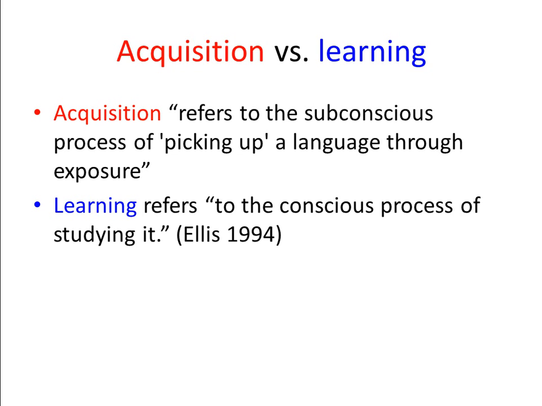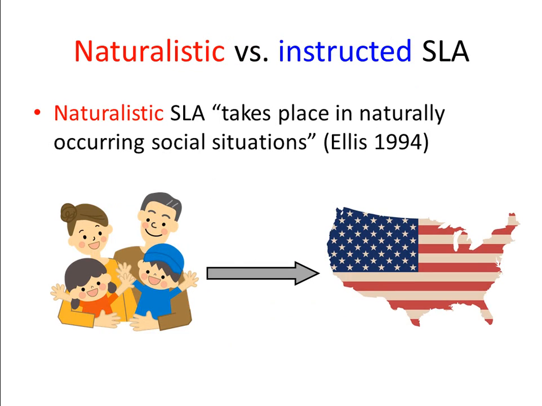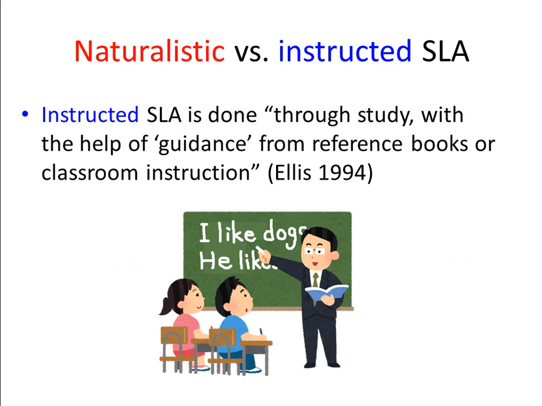So, I think you can see the connection between this and this. So if in naturalistic second language acquisition, you acquire a second language. And in instructed second language acquisition, you learn a second language.